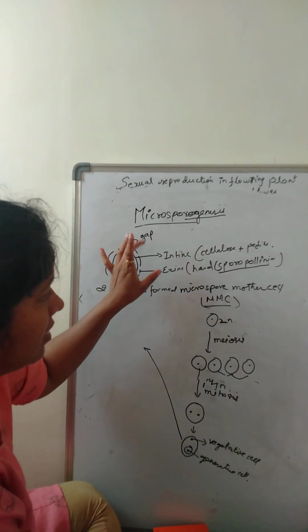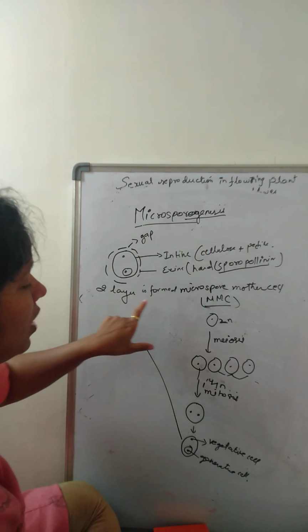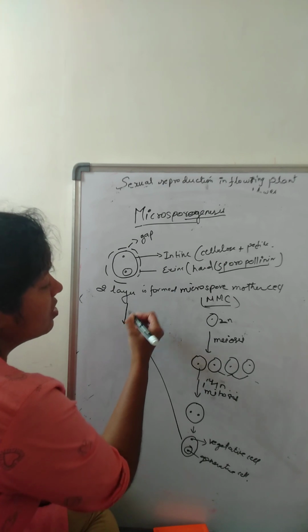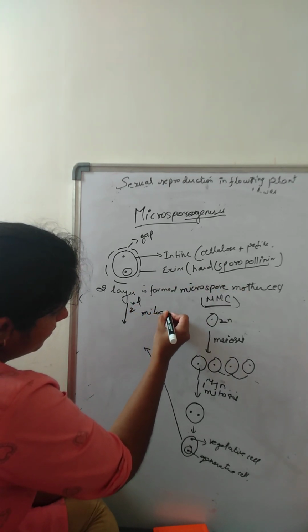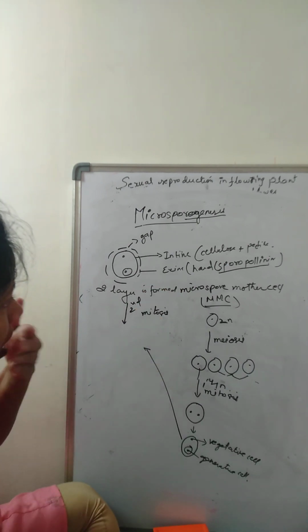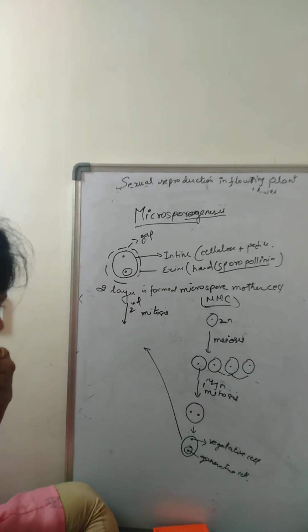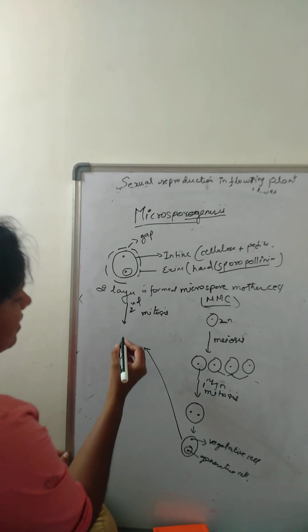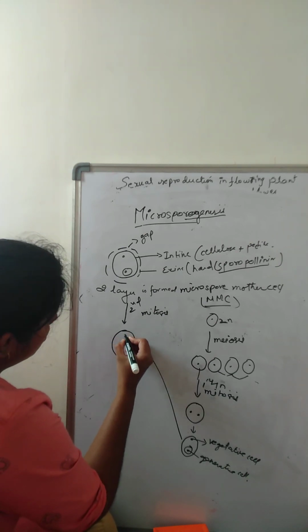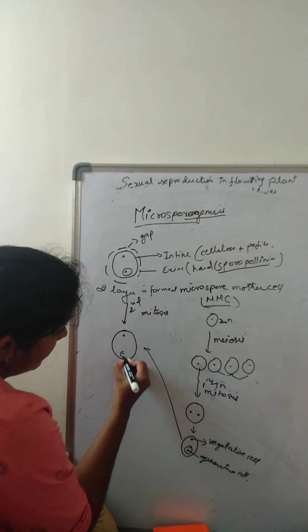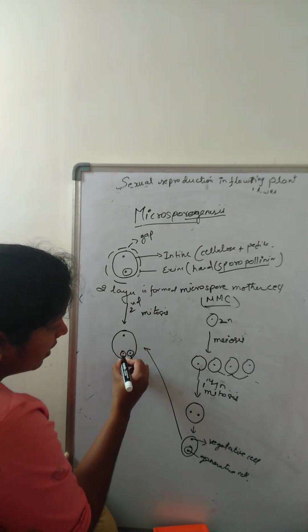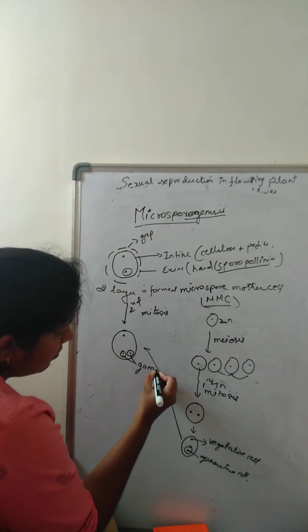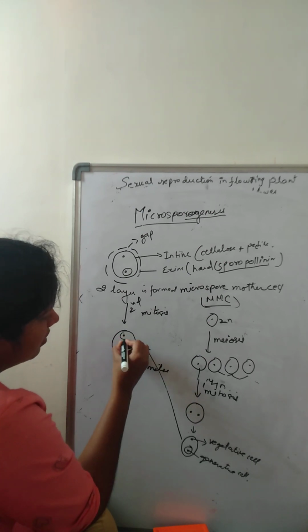Now you all understand this too. After these two layers are formed, it undergoes a second mitosis. When it goes through the second mitosis, this generative cell divides into one more, and these become the gametes.